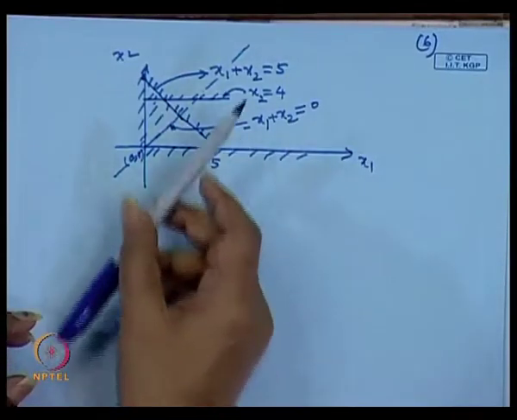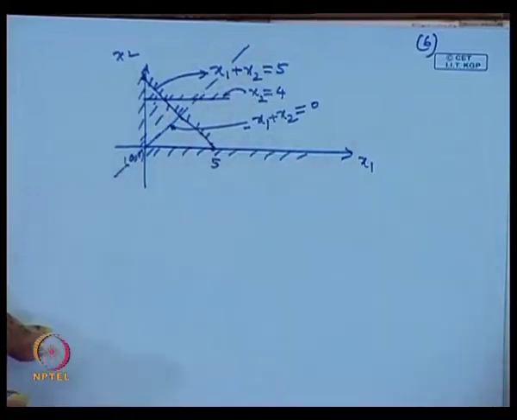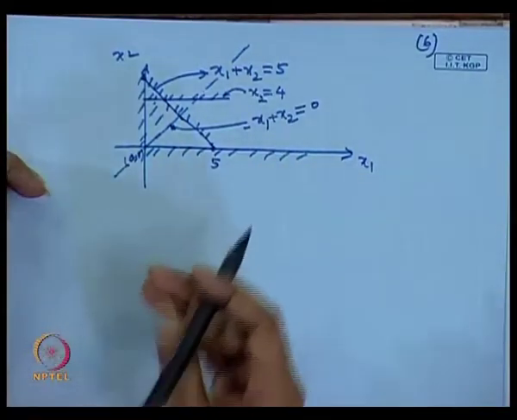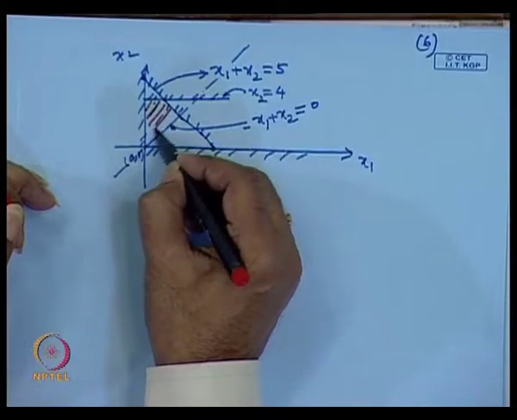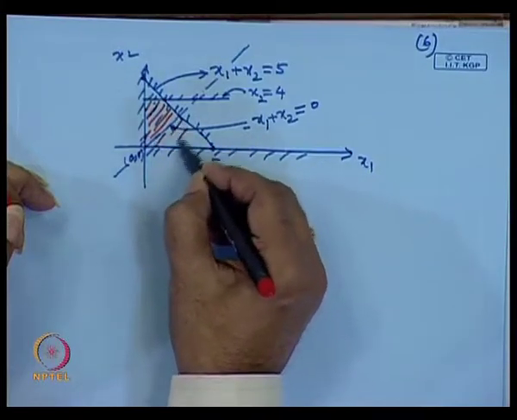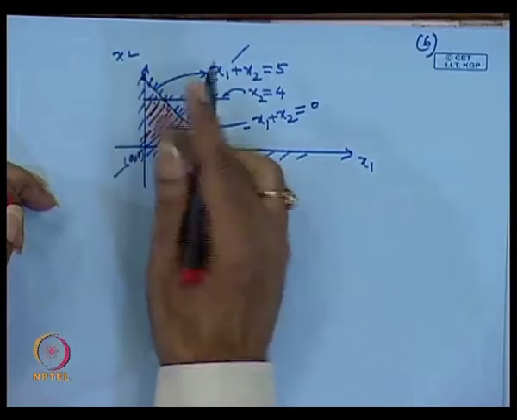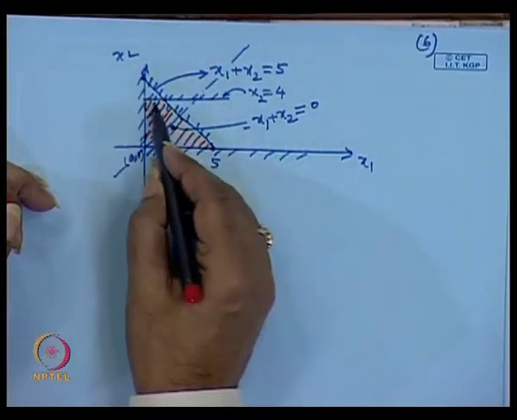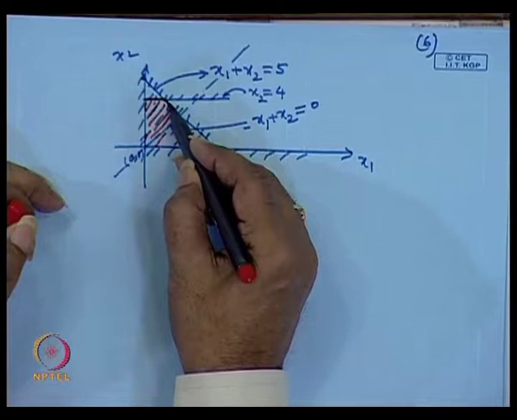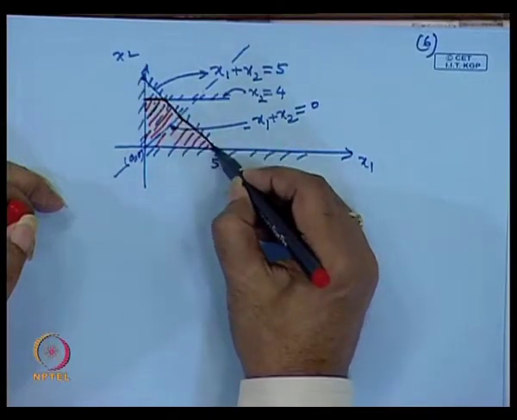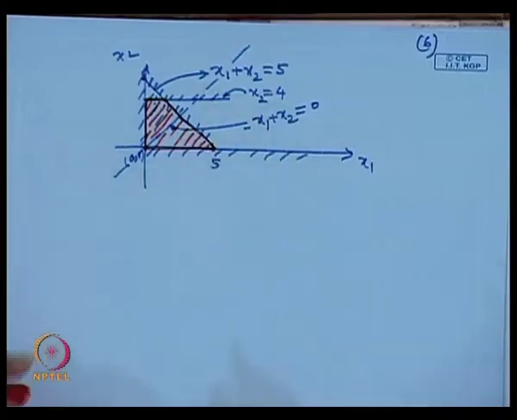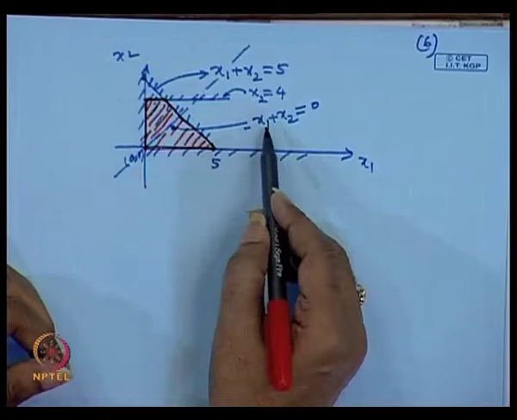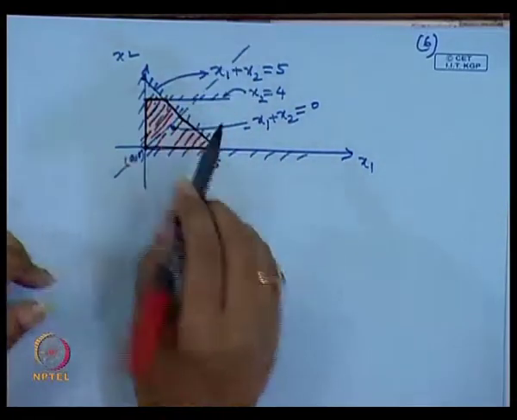Now, visualize this: look carefully, our feasible region is that red shaded portion, or the boundaries of it. This is the objective function f x, whose value is 0 when it is passing through the origin.